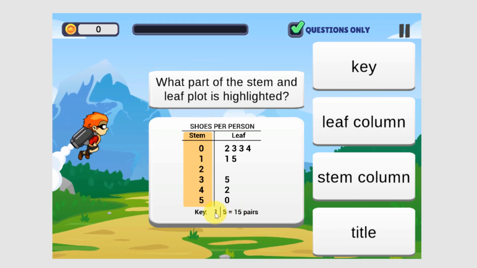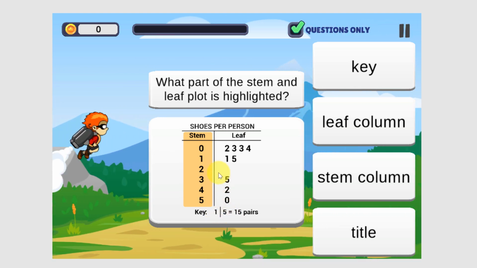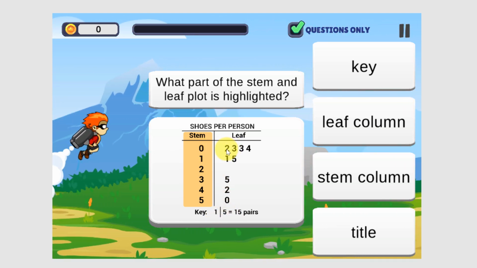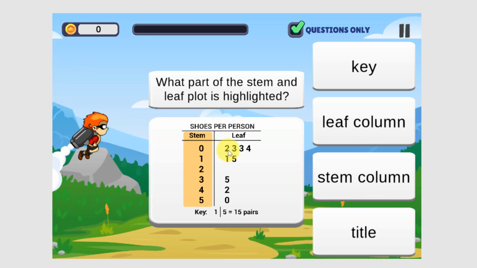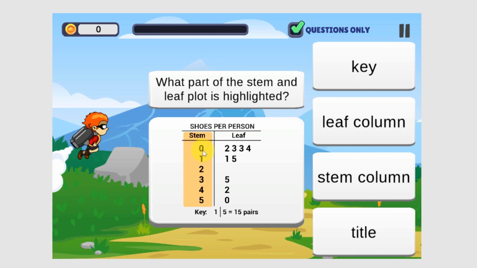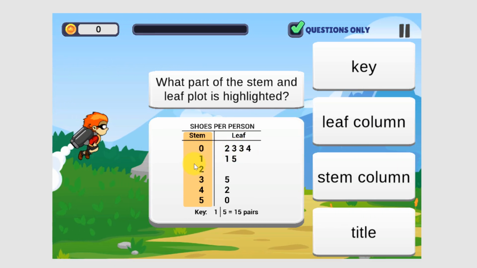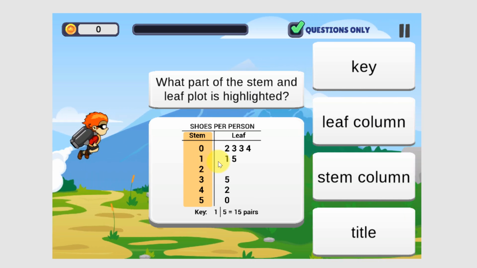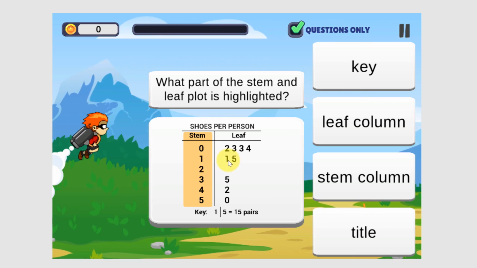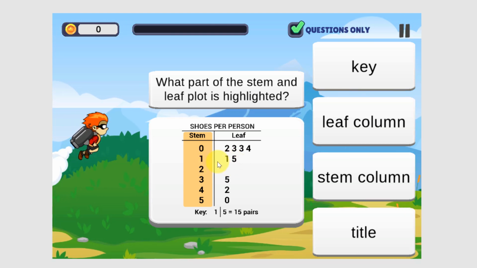If it's on the left, it's the tens digit, and if it's on the right, it's the ones digit. So for 0 and 2, that would be 0 tens and 2 ones, the number 2. For 0 and 3, the number 3, and so on. Here we would have 1 ten and 1 one, so that would be the number 11. And the 1 and the 5 is another piece of data, which would be 15.